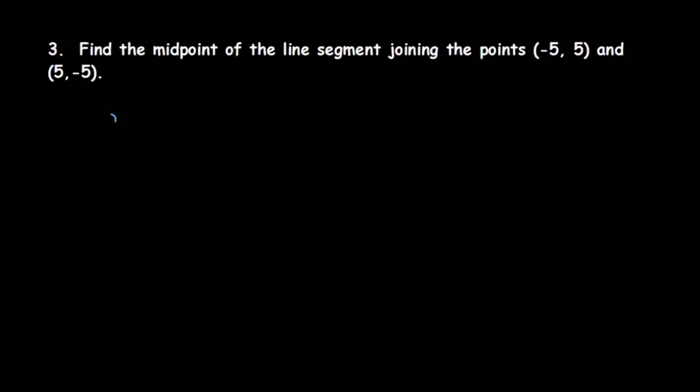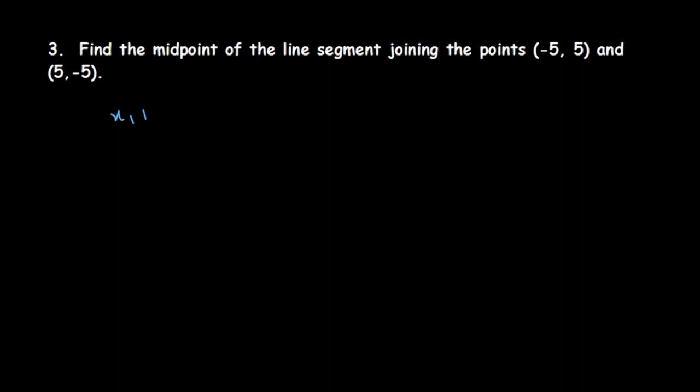Find the midpoint of the line segment joining the points -5, 5 and 5, -5. So what is the midpoint formula? That is x1 plus x2 by 2, y1 plus y2 by 2. So this is the midpoint formula, and here the given points we take as x1 y1 and x2 y2.